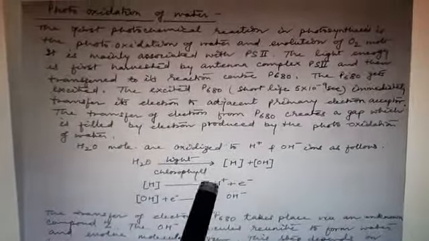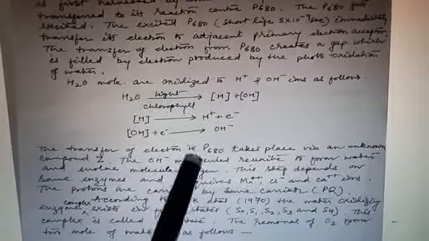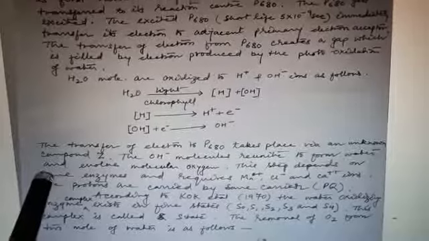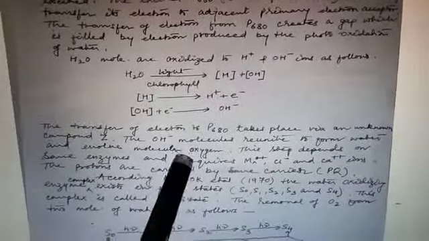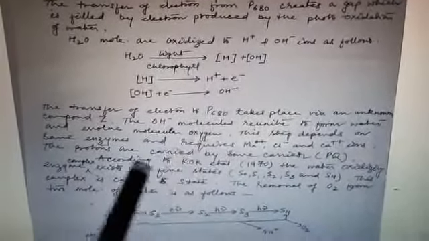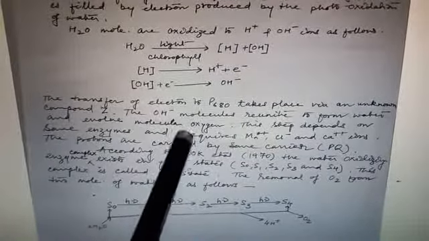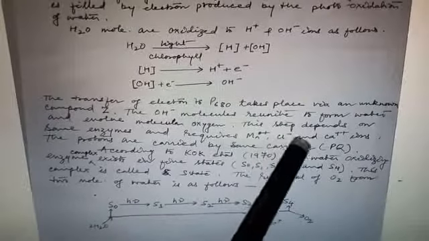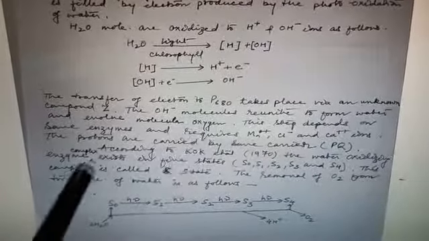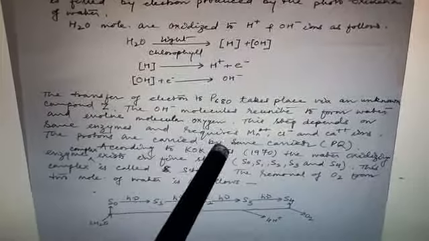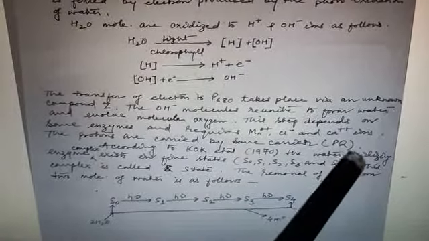The transfer of electron to P680 takes place via an unknown compound Z. The hydroxyl molecules reunite to form water and evolve molecular oxygen. This step depends on some enzyme and requires manganese ion, chlorine ion, and calcium ions. The protons are carried by a carrier, that is plastoquinone.